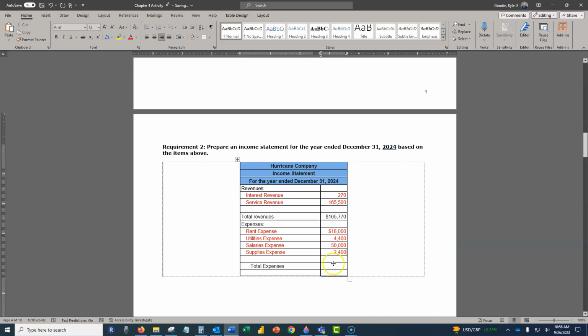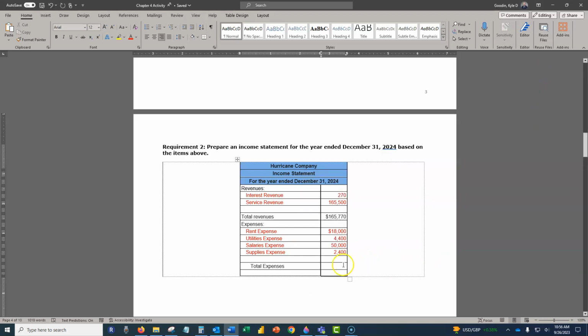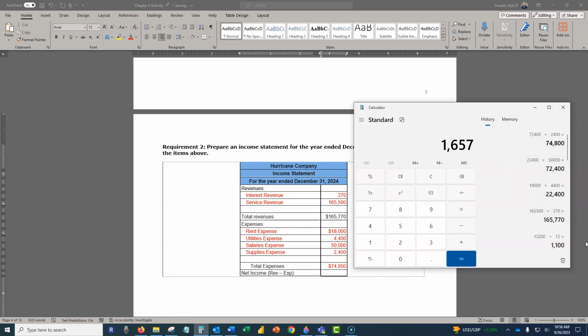Okay. That gives us a total expense of, let me calculate these really quickly, 18,000 plus 4,400 plus 50,000 plus 2,400, $74,800, which means we are going to have a net income, or that's just your revenue minus your expense, of $90,970.